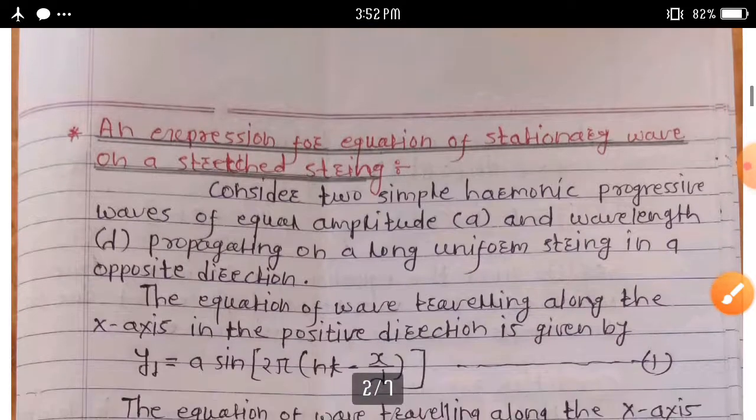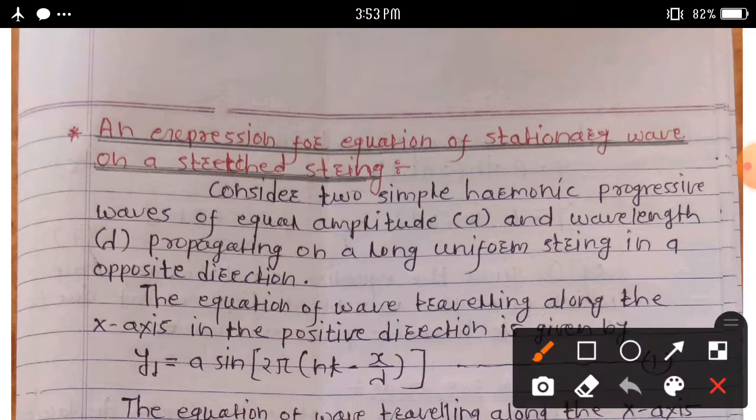Then we discuss the next topic, an expression for the equation of a stationary wave on a stretched string. Consider two simple harmonic progressive waves of equal amplitude. Suppose the amplitude is a and the wavelength is lambda, propagating on a long uniform string in opposite directions.